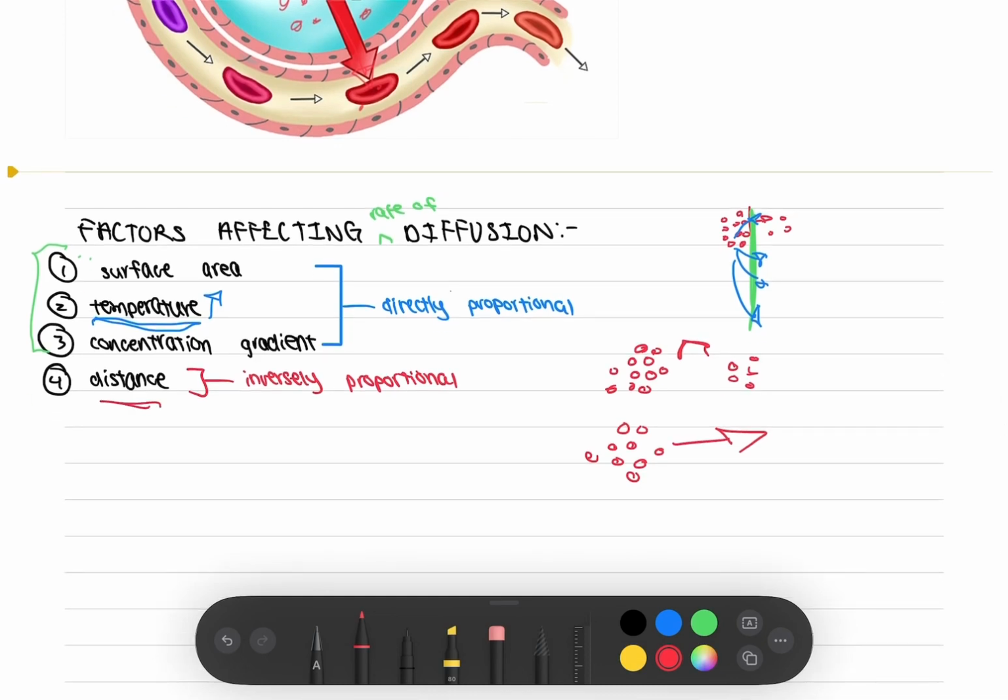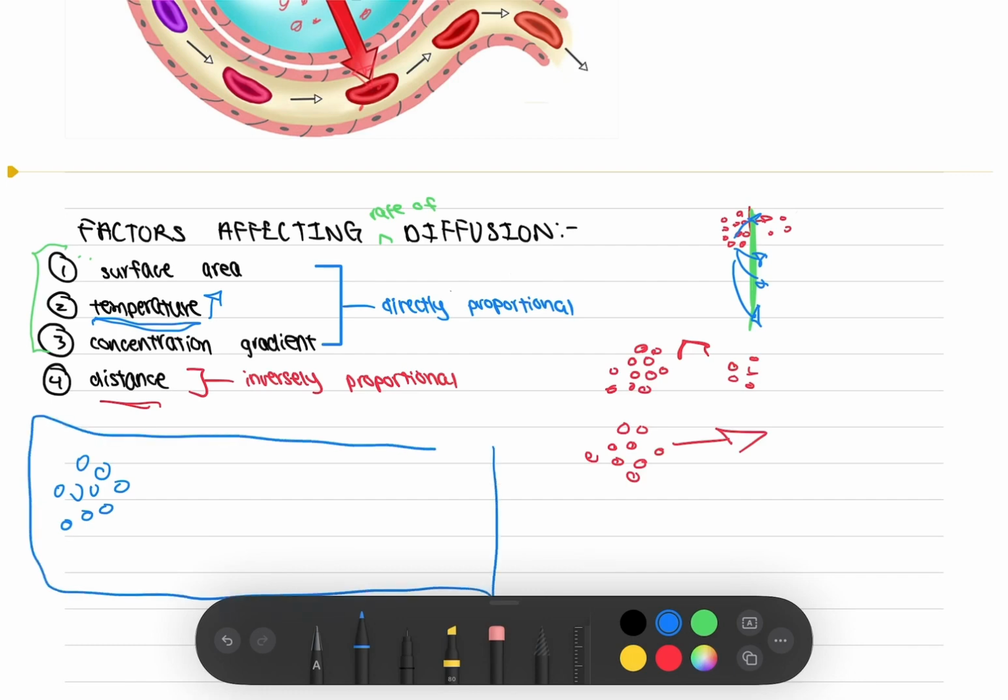Now, distance, it is inversely proportional, meaning as the distance increases, the rate of diffusion decreases. So let me just explain this properly to you guys, okay? So you have a high concentration of particles over here, and it's a large room. Let's say the room is this big, and you sprayed some perfume.